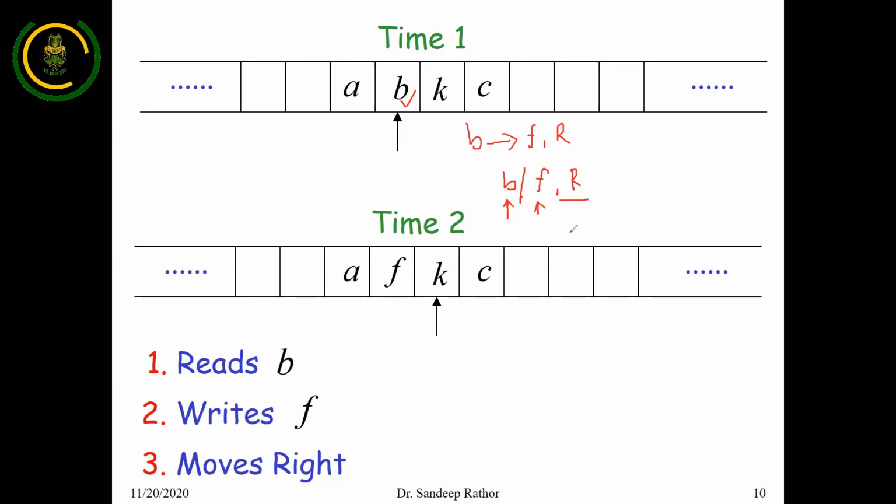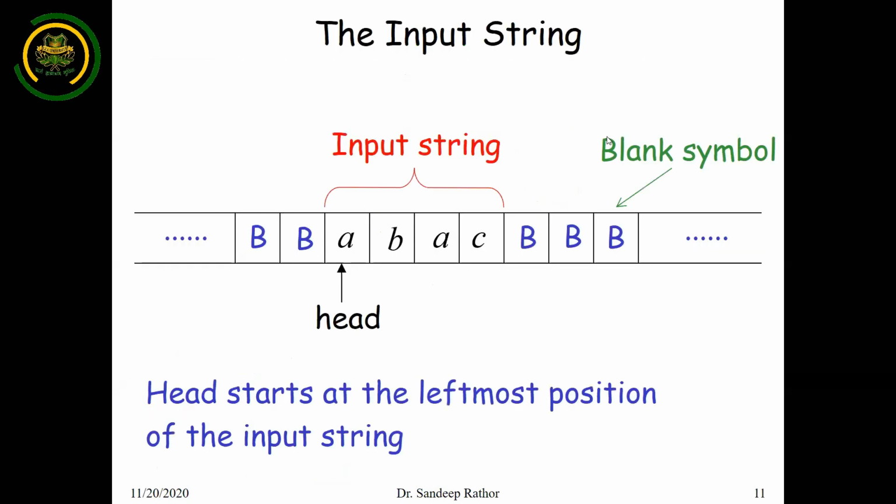So you can find here, now your head is reading B from the input tape, and now this B is converted into F. You can find here F, and after that the direction of head will be right. So head will move to the K part, this one. So now you can find here, this is the position after the transition. So this is the basic execution.